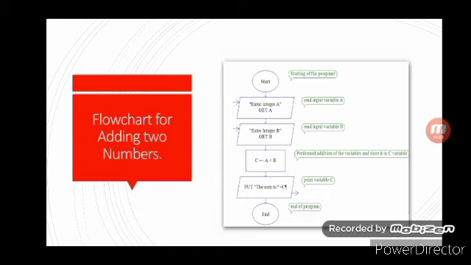Look, the same thing we have done in the algorithm also, but in that we are not representing any pictures, and in the flowchart we show that calculation, that program, in a pictorial way. That is the difference between algorithm and flowchart.